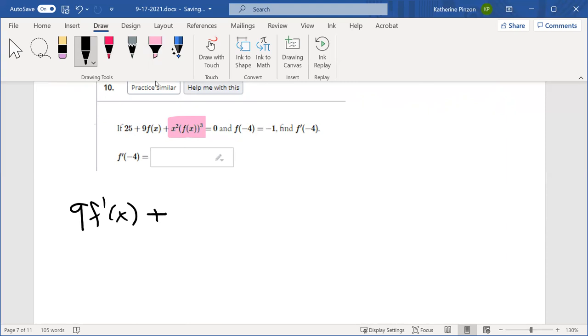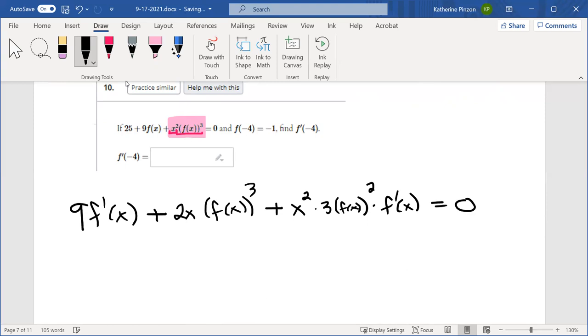And then I'm going to use the product rule here. My first function is x squared. My second function is f(x) cubed. Derivative of x squared is 2x. Leave the second function alone, plus leave the first function alone, x squared. Derivative of something cubed is 3 times something squared times what goes at the end here? The derivative of the inside, f prime of x, equals 0.